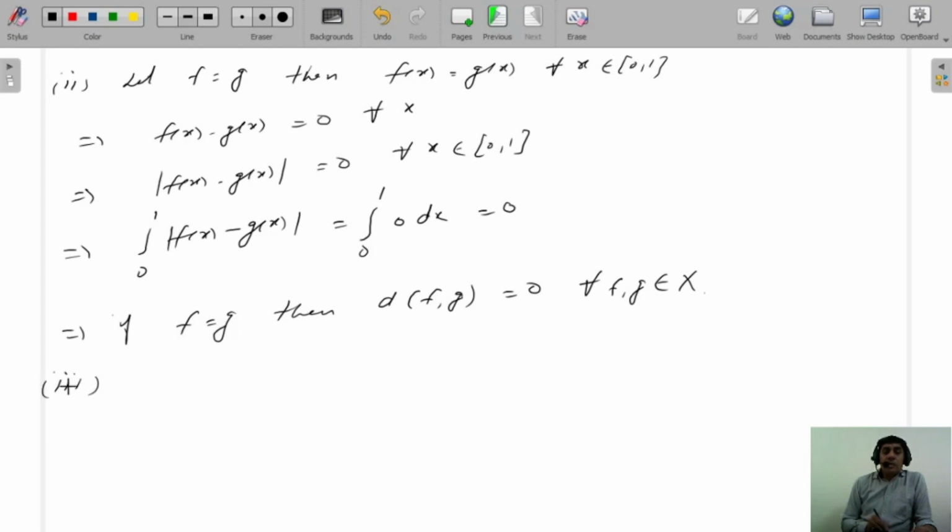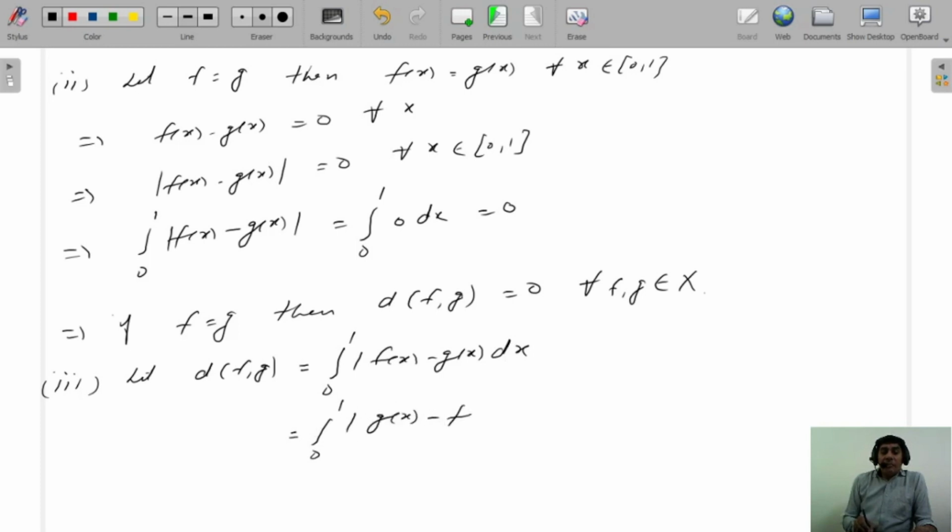Third, let d(f,g) is equal to the integral from 0 to 1 of modulus of f(x) minus g(x) dx, which is equal to the integral from 0 to 1 of modulus of g(x) minus f(x) dx, because modulus of f(x) minus g(x) is always equal to modulus of g(x) minus f(x), which is equal to d(g,f).